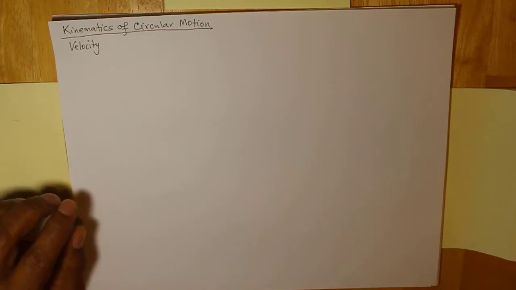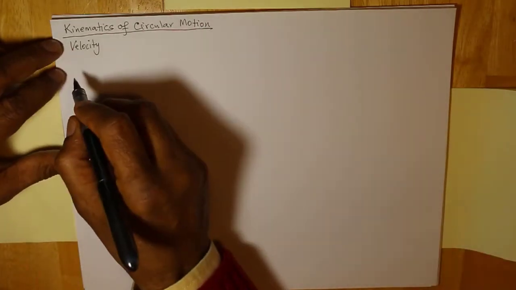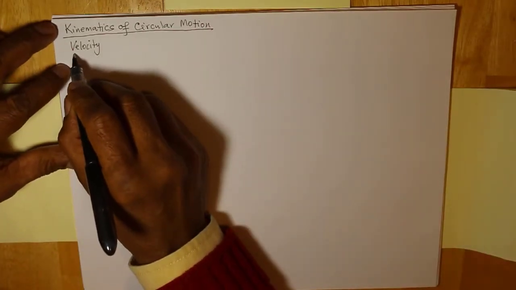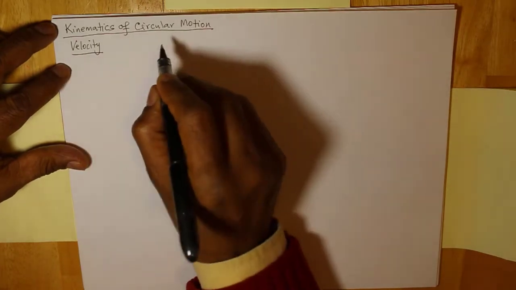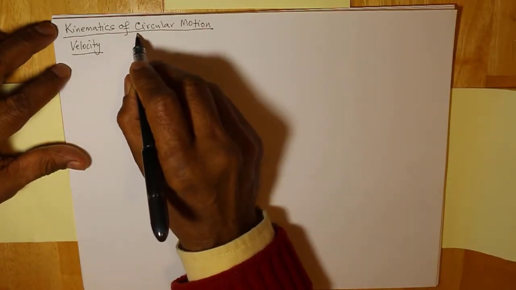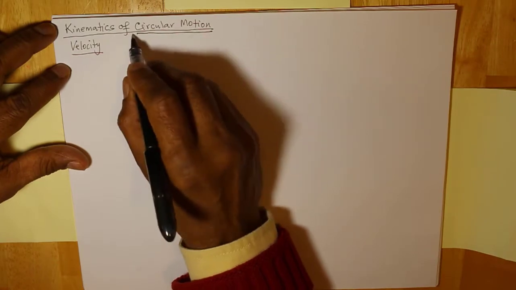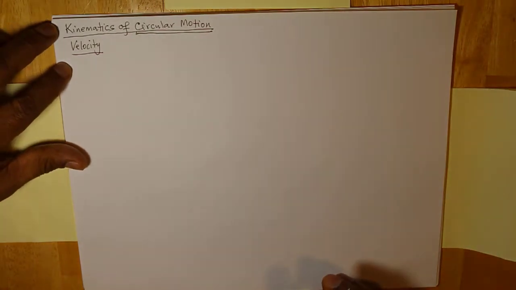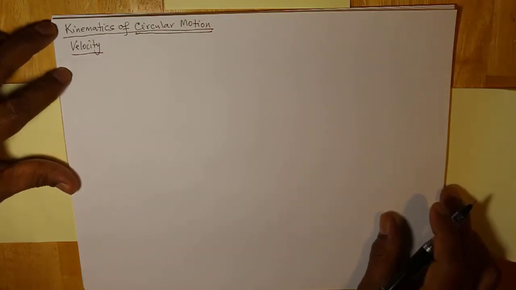Okay, today we are going to talk about velocity when motion is a circular motion, is motion in a circle. So previously we talked about speed.